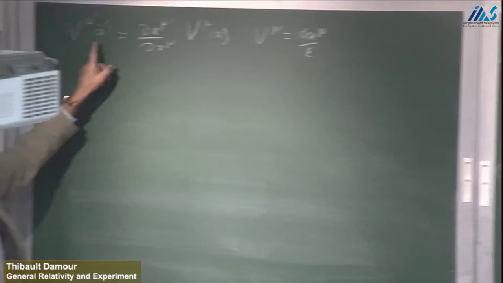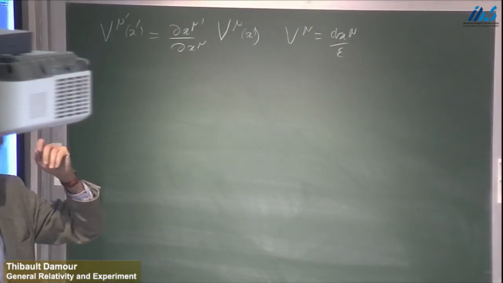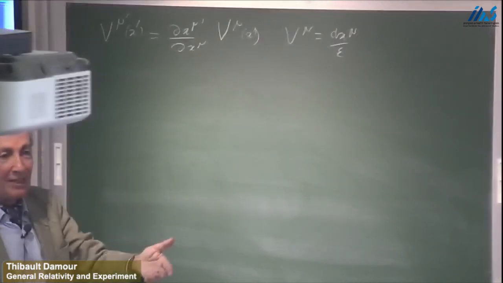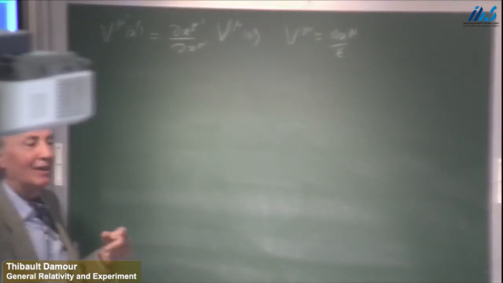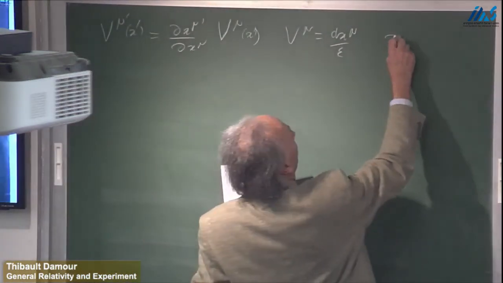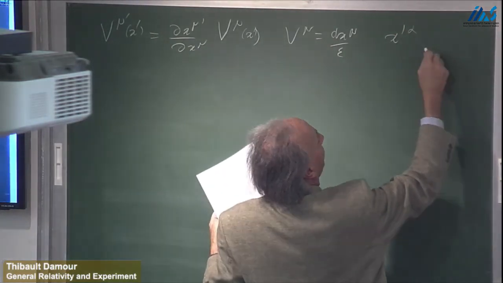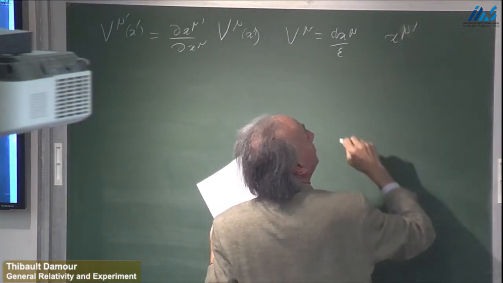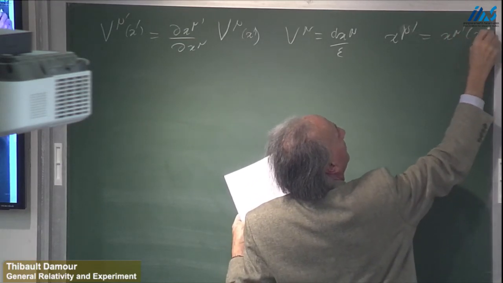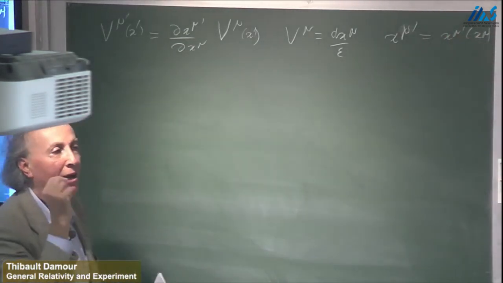And here I am using a convention which was used long ago by Lichnerowicz, which is useful to have in mind. When you start changing coordinates, you have the old coordinates, x mu, and the new coordinates, x prime. But it is convenient to keep the same indices, and instead of saying that I have x prime with some new index alpha, you can say I have coordinates x mu prime, which are certain functions of the x mu, with the understanding that mu prime is like a different index from mu.